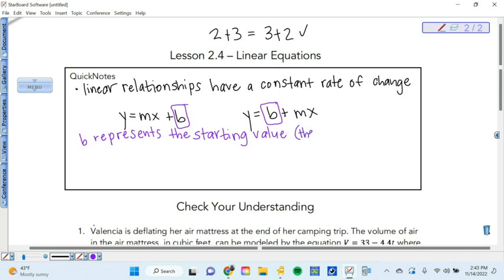So it's the value of y when x is 0. And we also said that it is the y-intercept. Y-intercept.